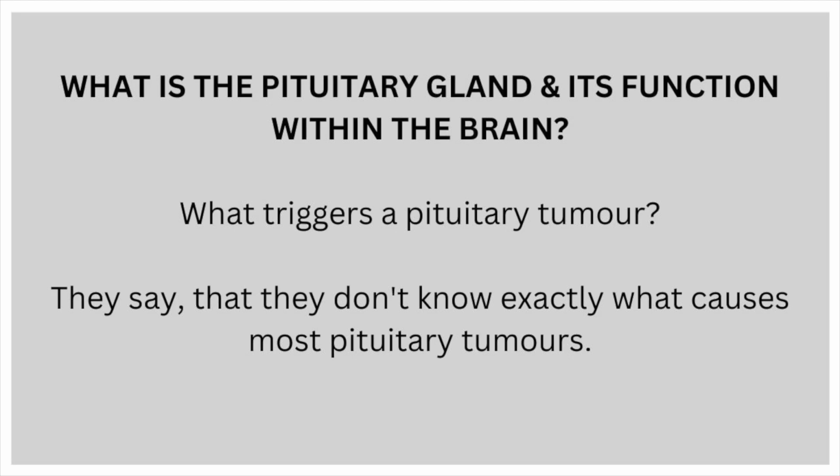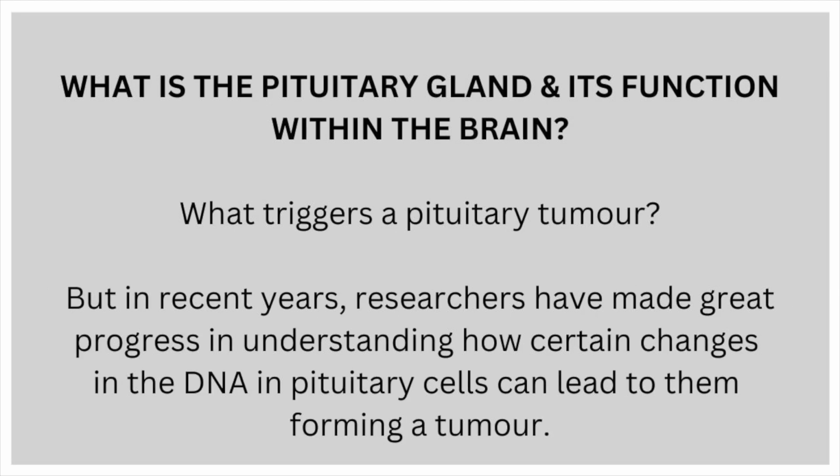What triggers a pituitary tumour? They say that they don't know exactly what causes most pituitary tumours. Which is funny really, because they seem to know everything else, don't they? But hey, that's just how it goes. But in recent years, researchers have made great progress in understanding how certain changes in the DNA in pituitary cells can lead them to forming a tumour.